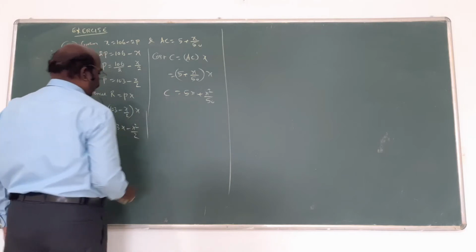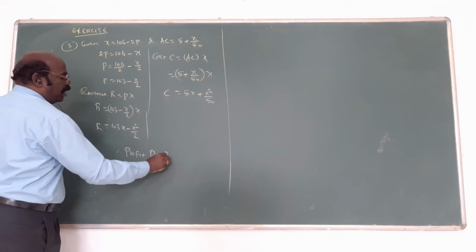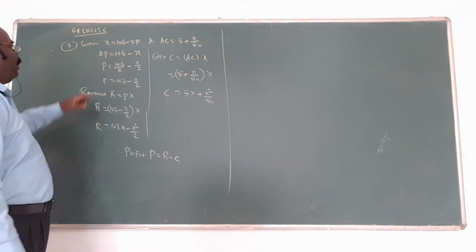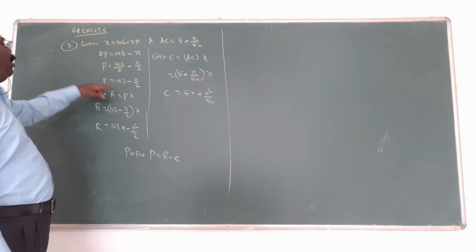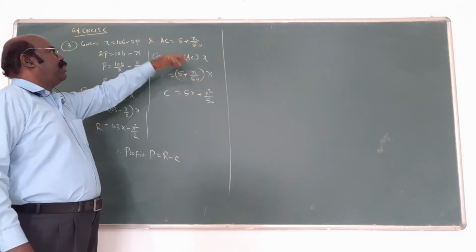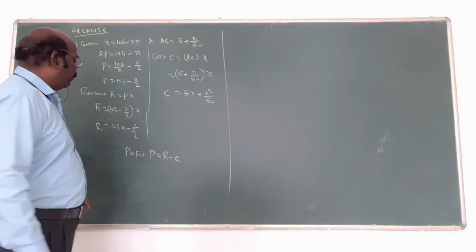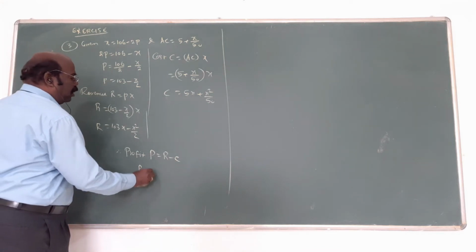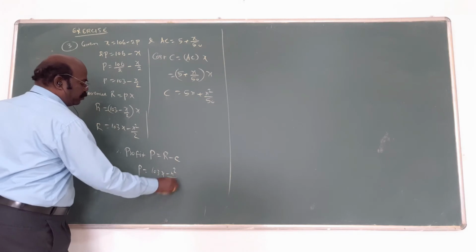This is C. Therefore, we want profit, no? Profit P equal to R minus C. From X, you will find the value P, then multiply by X, that is called revenue. From average cost, we want only cost, multiply X, that is called cost. Now, P equal to R minus C. R is 53x minus X square by 2.